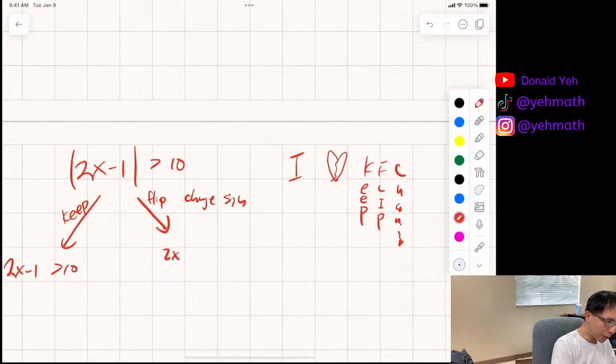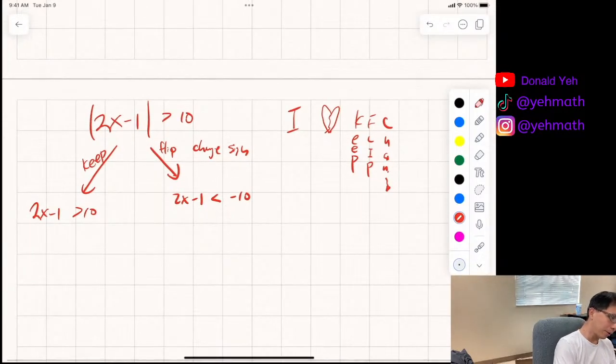So it's 2x minus 1, flip, and minus 10. I can tell you the reason, but I don't have enough time, so right now just keep this way, it's easier. So 2x greater than 11, x is greater than 11 over 2.